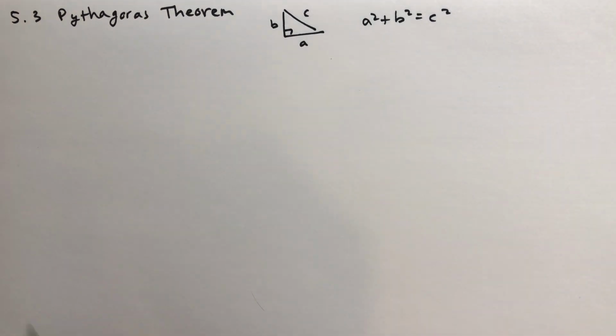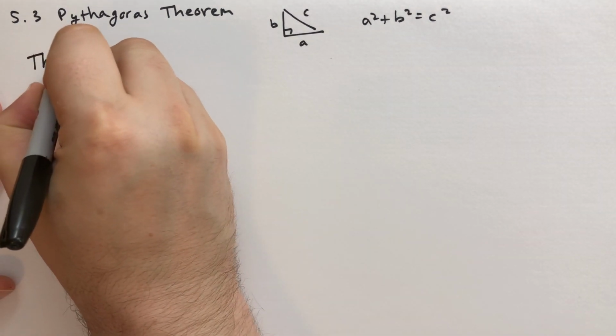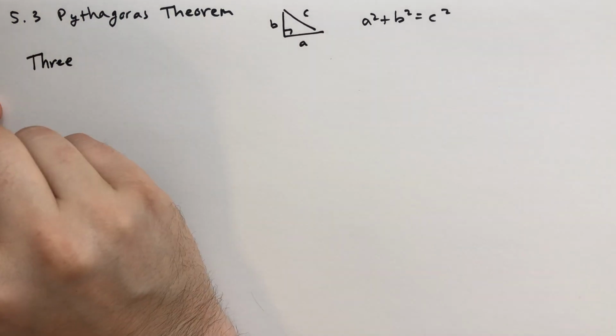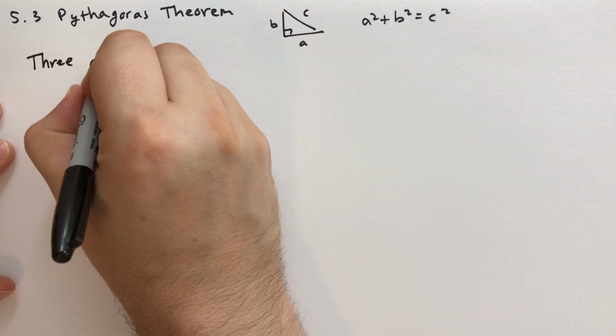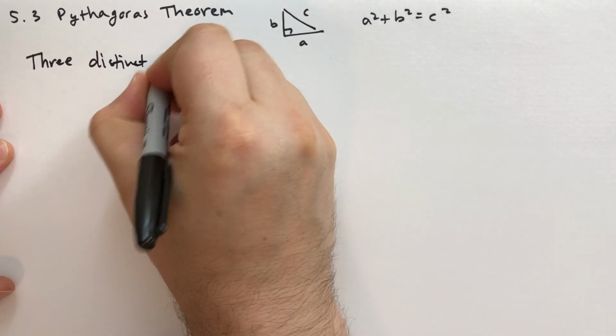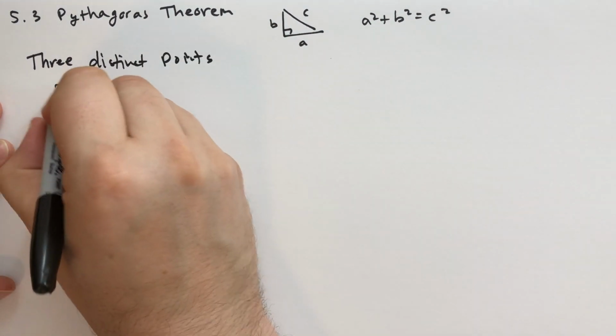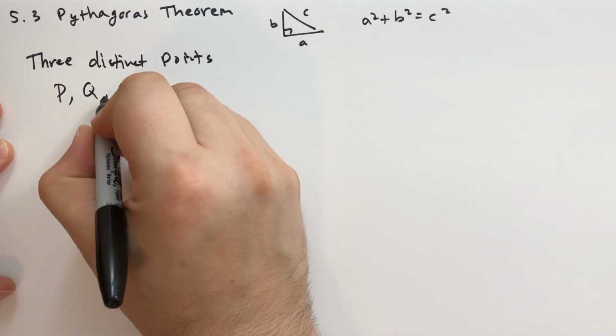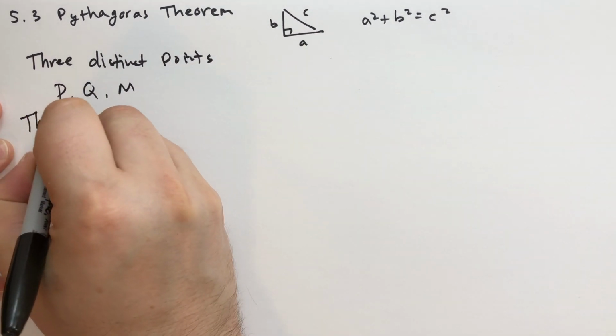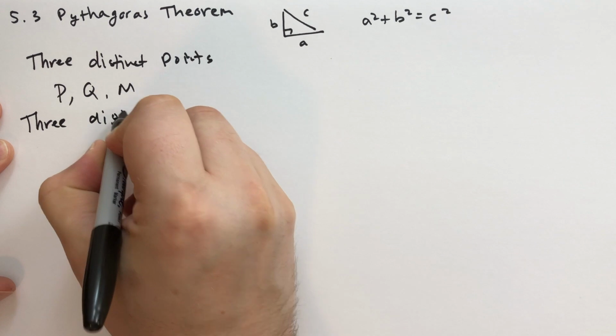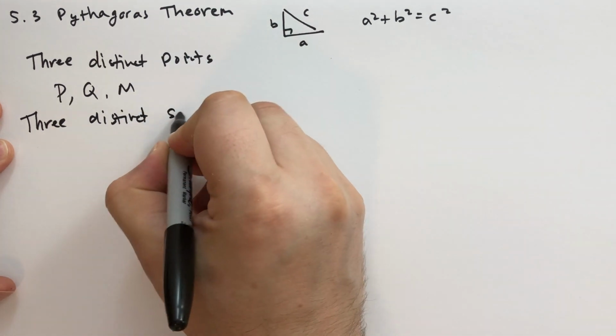All right. So we have 3 points in the plane. 3 distinct points. Yes, they were distinct points. If I could write. The points are P, Q, and M. And so now we have 3 distinct segments.